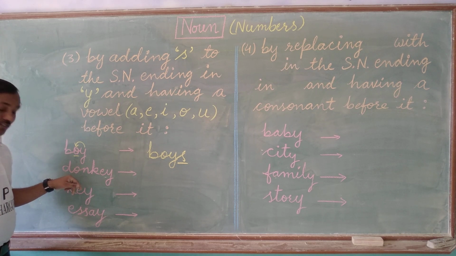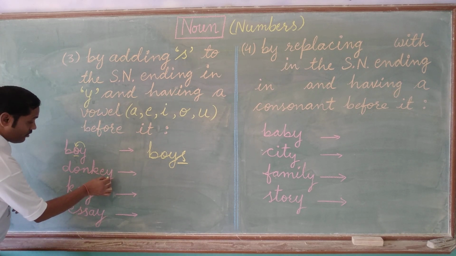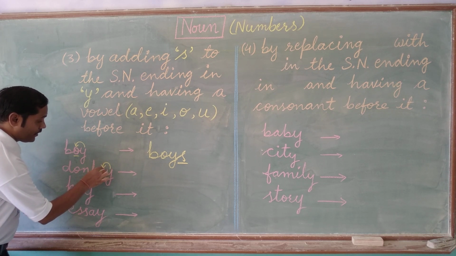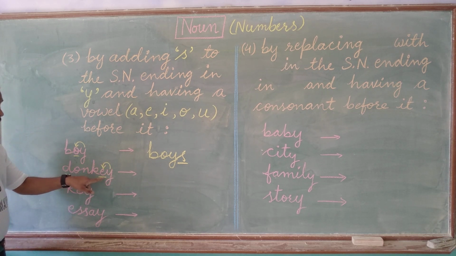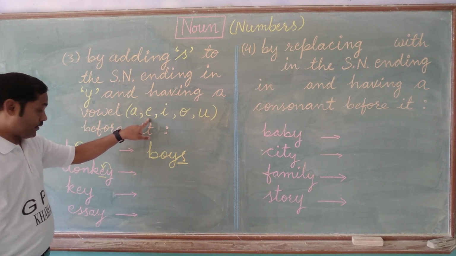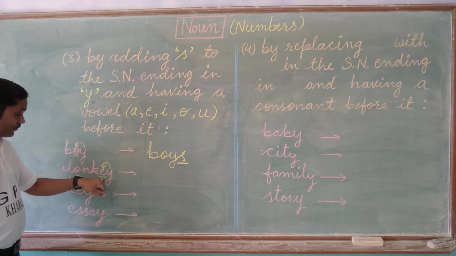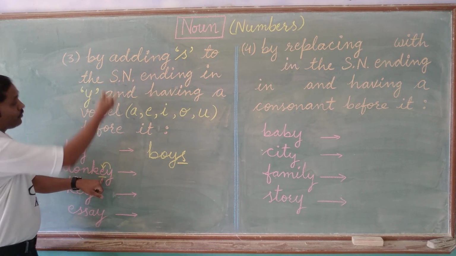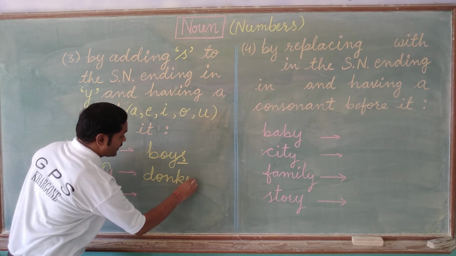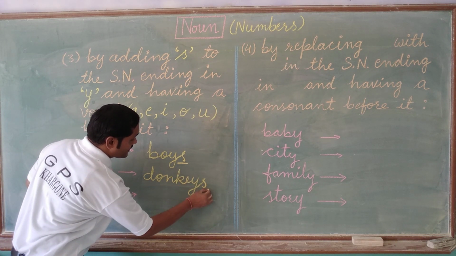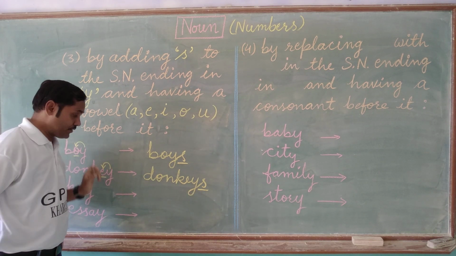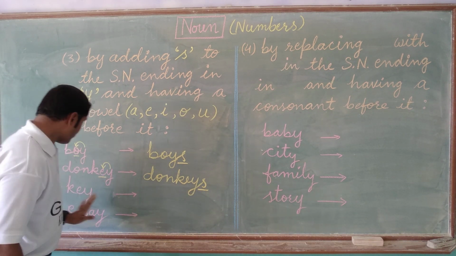Donkey. Yes. Donkey is also ending with Y, but just before Y we have E, and E is a vowel. So we have to follow the similar rule. D-O-N-K-E-Y-S. Simply adding S makes it from singular to plural noun.